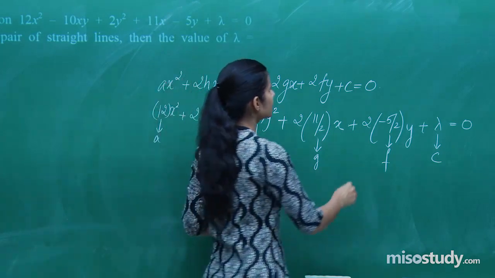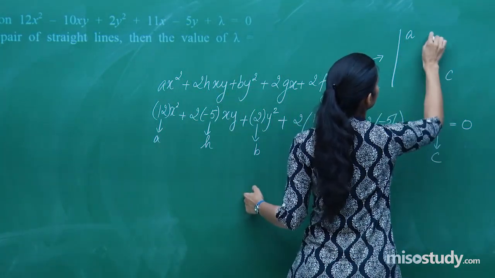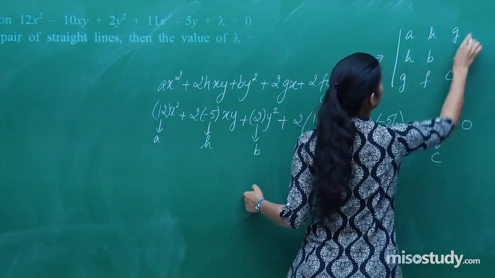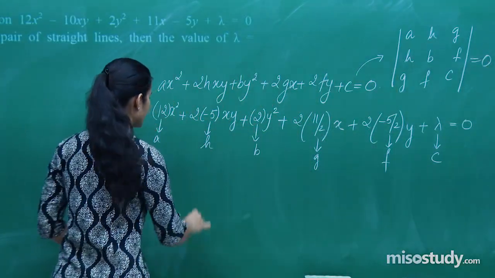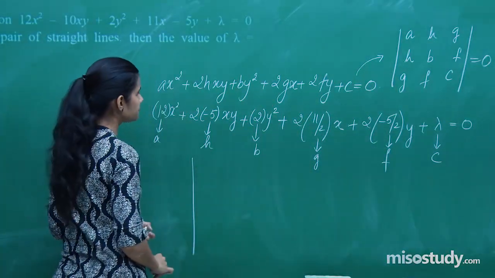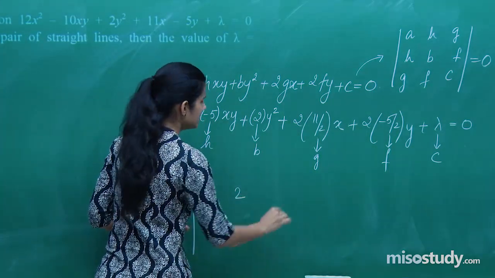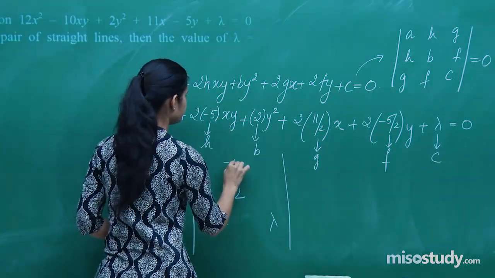This represents a pair of straight lines provided this determinant is 0. So if this is representing a pair of straight lines, what determinant should be 0? A, B, C, H over here, G over here.